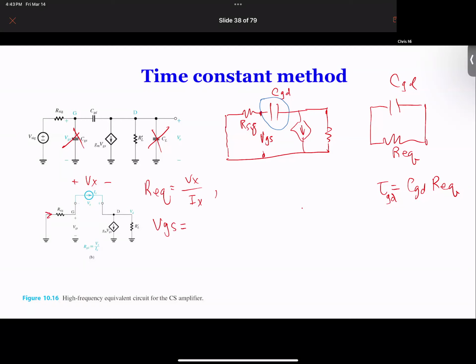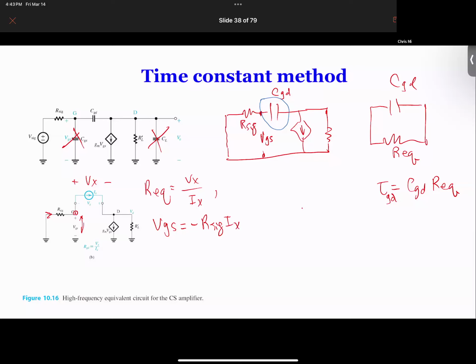So the current flowing here, VGS is from there to ground. So from 0 to G, that's VGS, right? And the current is IX. So how much is VGS? Minus RSIG times IX, right? Don't forget the minus sign, that's important.